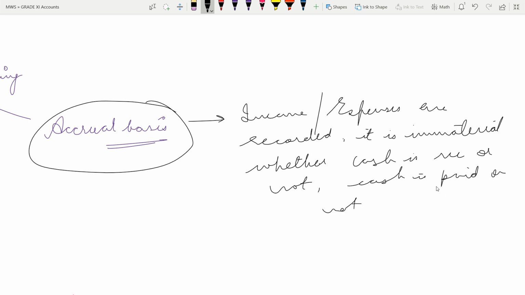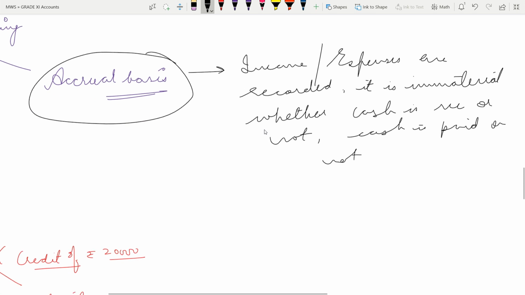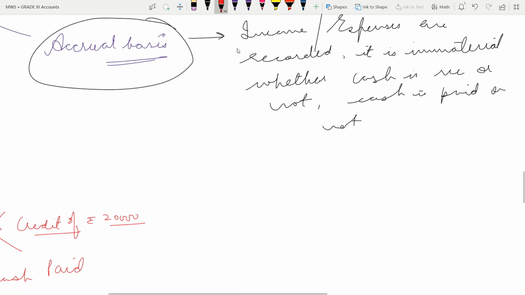For the expenses, you have paid the cash or you have not paid the cash, it doesn't matter. For the income, you have received the cash or you have not received the cash. Whatever cash is received or not, that is immaterial; we do not have to look for that. We have to see that expenses and income should relate to the current year. If it is related to the current year, then we have to record the expenses and the income.